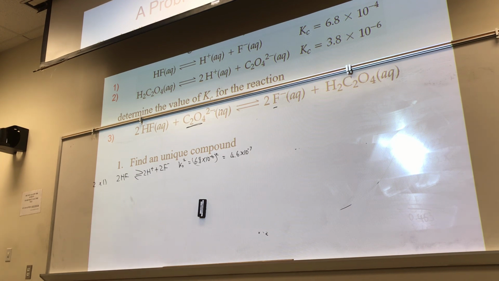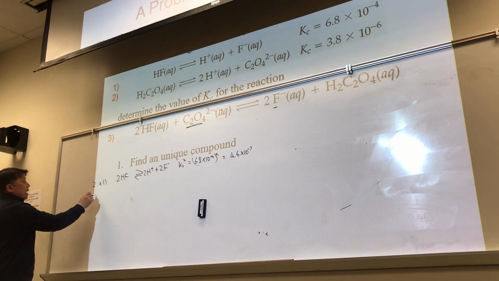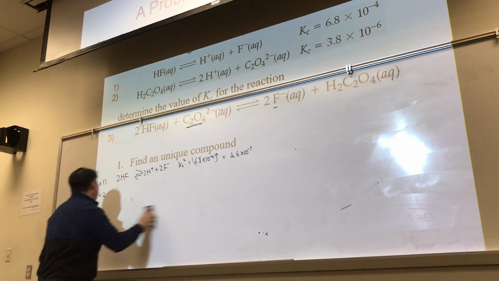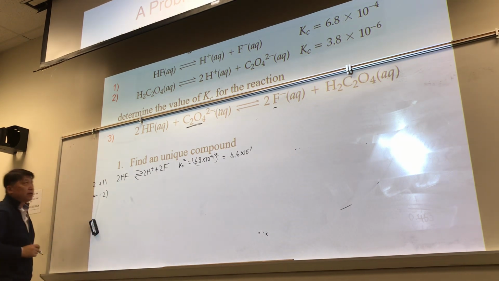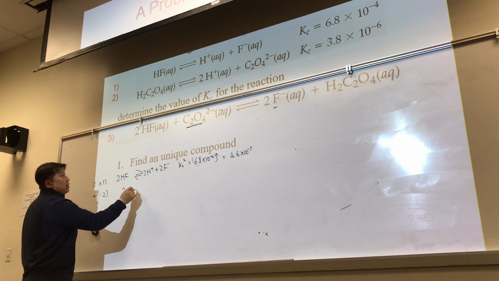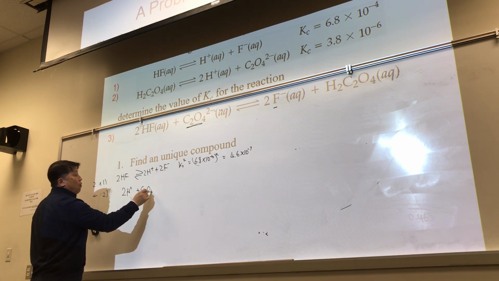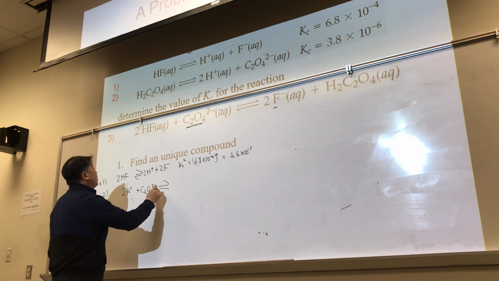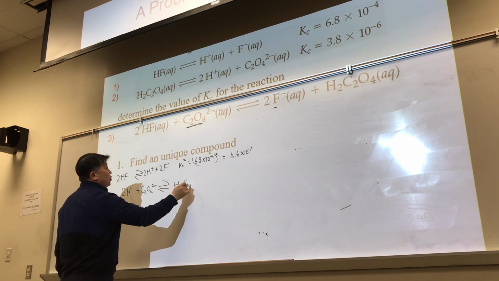C2O4 is on the left-hand side in equation 3, but on the right-hand side in equation 2. So what do I need to do to equation 2? Flip it, correct? So in this case, reverse equation 2. So I have 2H plus C2O4 2 minus equilibrium H2C2O4.